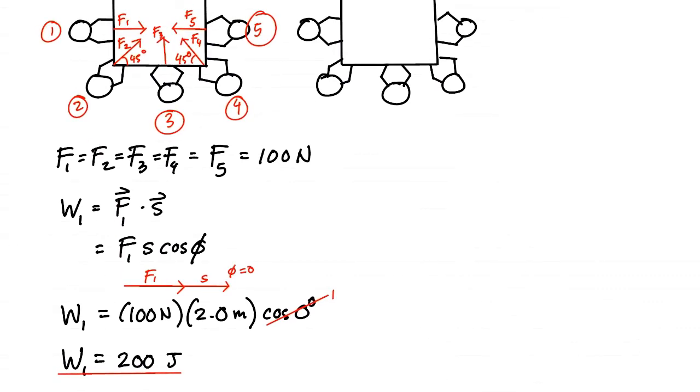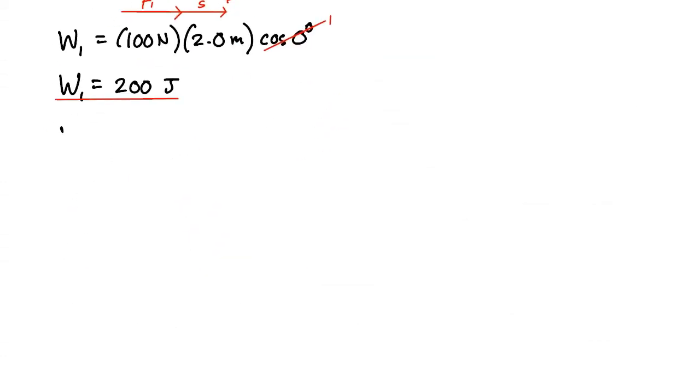Okay? Now, let's look at person 2. Let's take note that the force exerted by person 2 is angled 45 degrees from the x-axis. That's its direction. So, let's solve for the work done by person 2. Again, our equation, force F2 dot the displacement S, or this is simply equal to F2 S cosine phi.